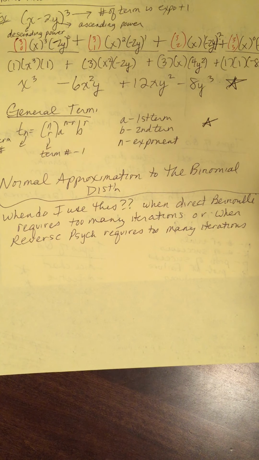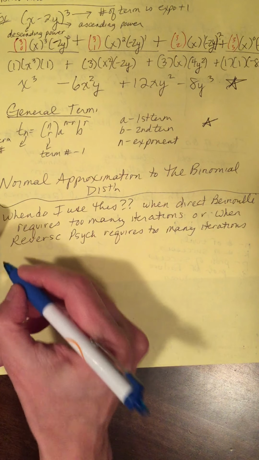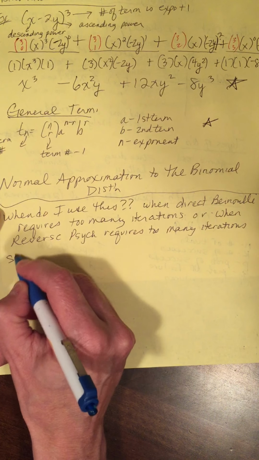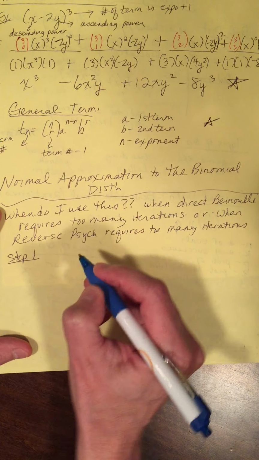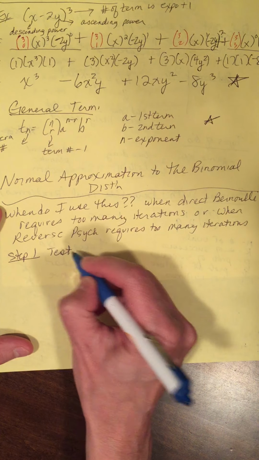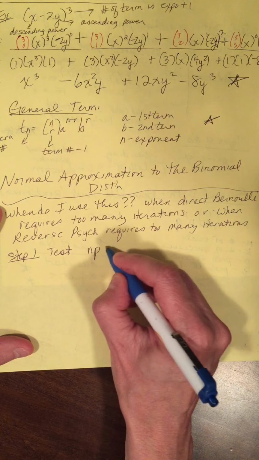Like, you bring in the normal when you get a question that direct Bernoulli would require you to do too many iterations, and reverse psych would require you to do too many iterations. This is step 1, step 2, step 3. So step 1 is the test.